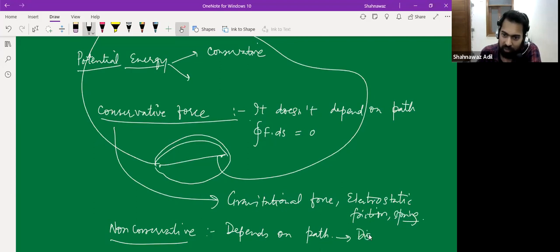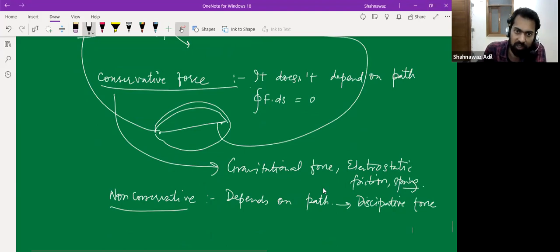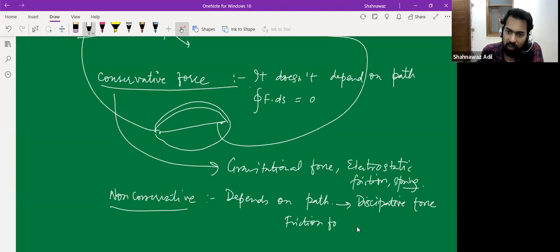And what are the examples of non-conservative force? Dissipative forces, for example the frictional forces, or damped forces, right?